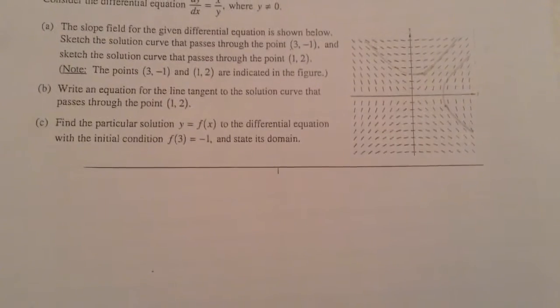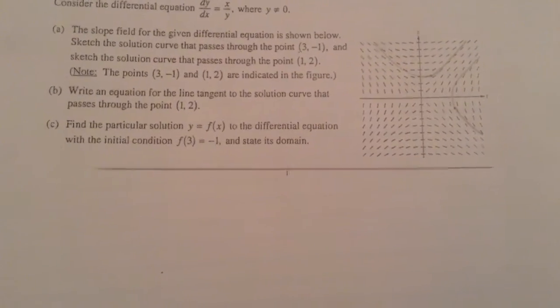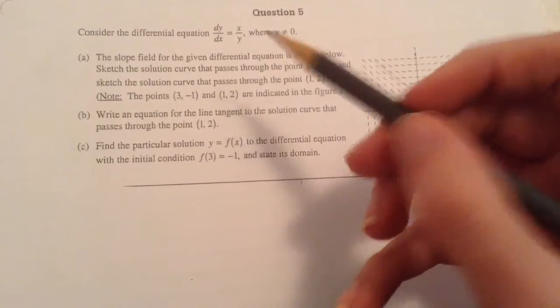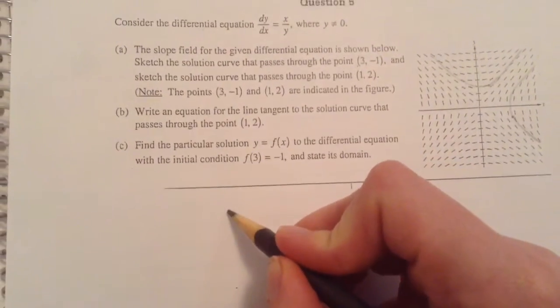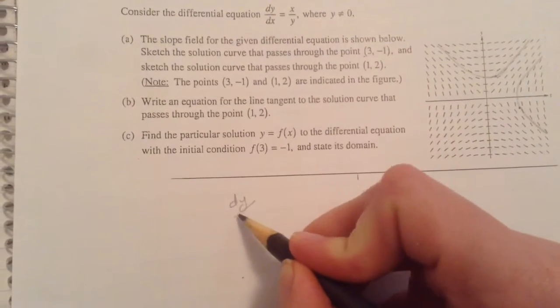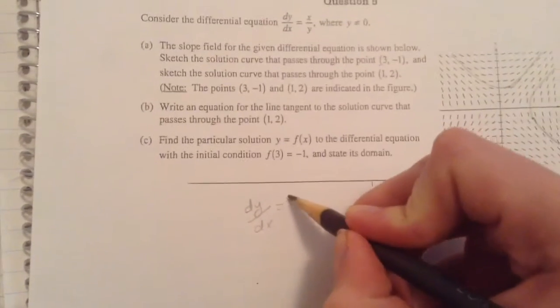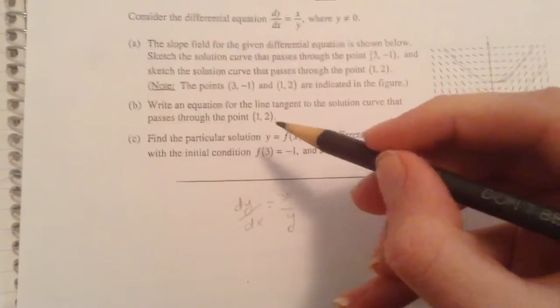Part B asks to write an equation for the line tangent to the solution curve that passes through the point (1, 2). Alright, so since we know the differential equation dy/dx is x over y, we know that dy/dx, or the slope, is equal to x over y, and they give us x and y, which is 1 and 2.